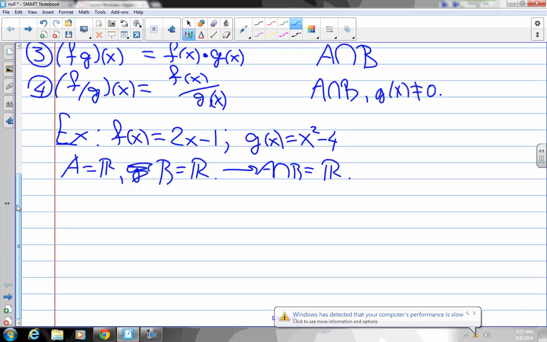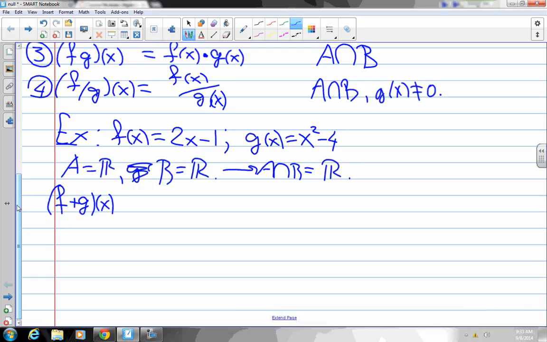So for example, if I ask you what is f plus g of x, well, you'll say all you have to do is to take function f, and I wrote f wrong, it's 2x minus 1, and add function g to it, right? This is f, this is g, f plus g.